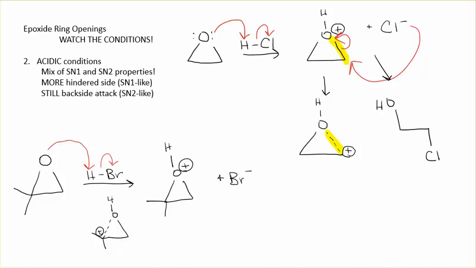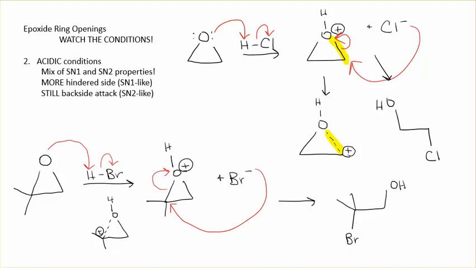So in this way, still from the back side, the bromide comes in and opens the epoxide. The product that's formed, again, focus on the anti relationship between the nucleophile that came in and the alcohol group. Then we also have the two carbons coming off of there.